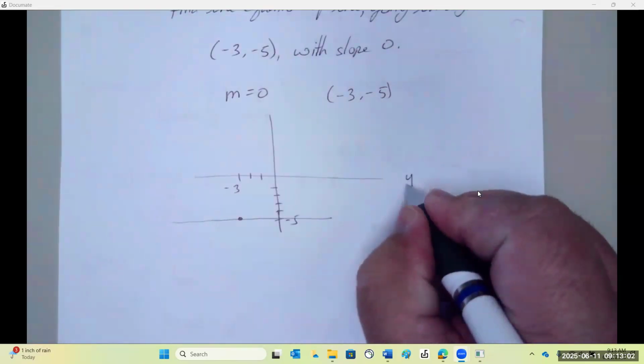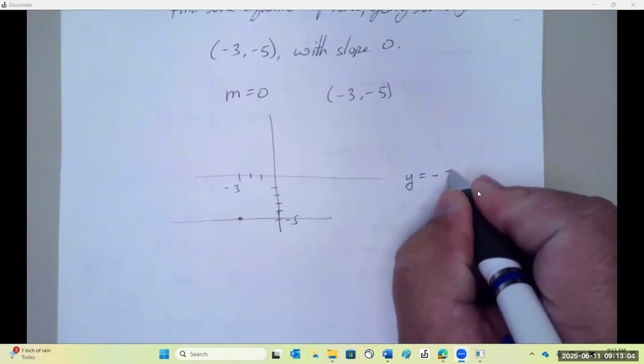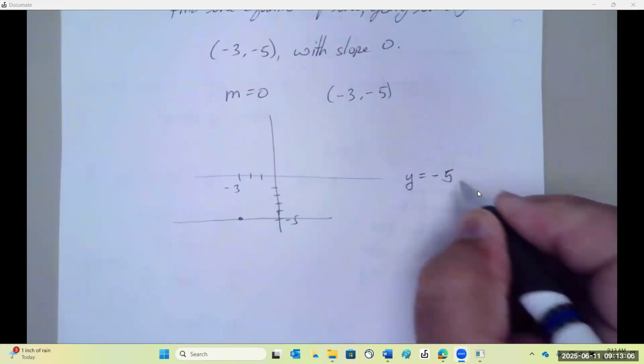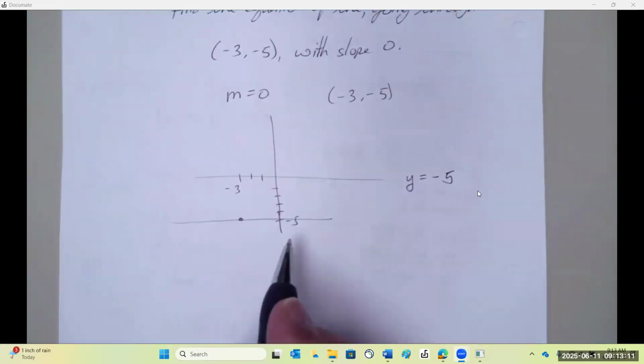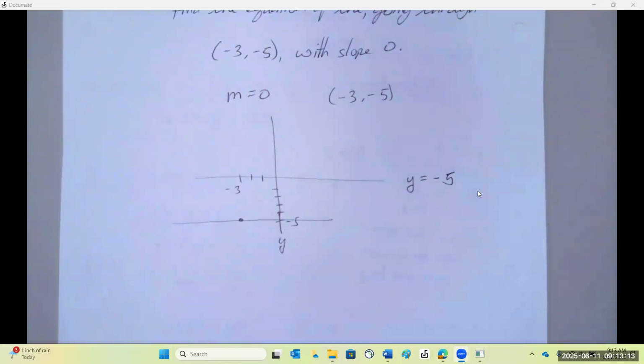Or conversely, if I gave you this picture, find me the equation. So what's the equation of this line? Y equals -5, because this is the y-axis. Where does it cross the y-axis?